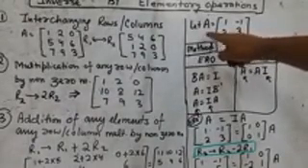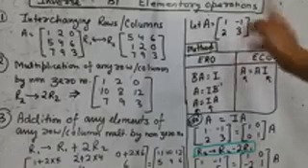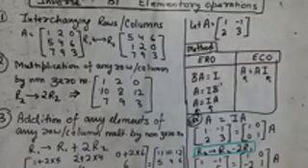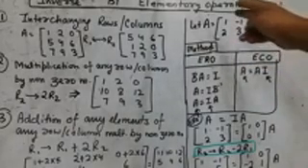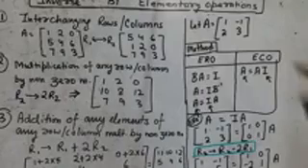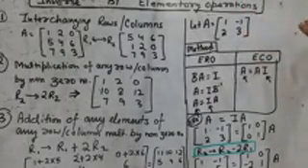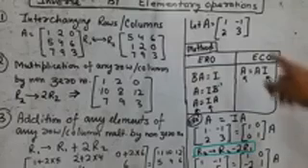Now for example, let A be a matrix of 2 by 2 order, means 2 rows are there, 2 columns are there. As we have discussed, inverse can be taken out only in a square matrix. So this is a square matrix of 2 by 2 order. First we are going to do this 2 by 2 order, then we will do the 3 by 3 order matrix.